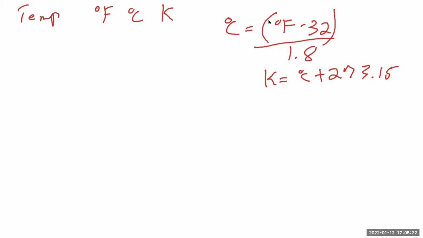Okay, so let's say you're in Ireland and they tell you the temperature is 4.3 degrees centigrade.